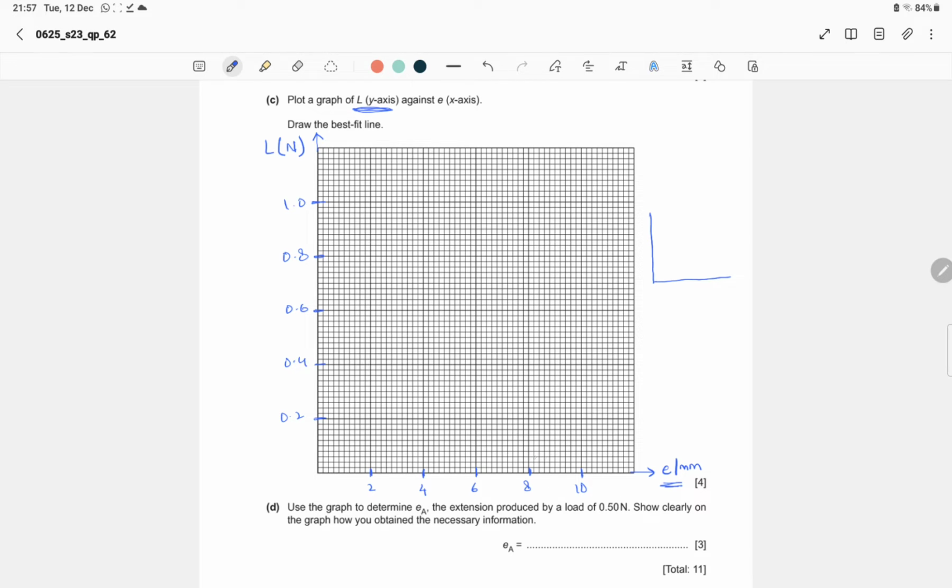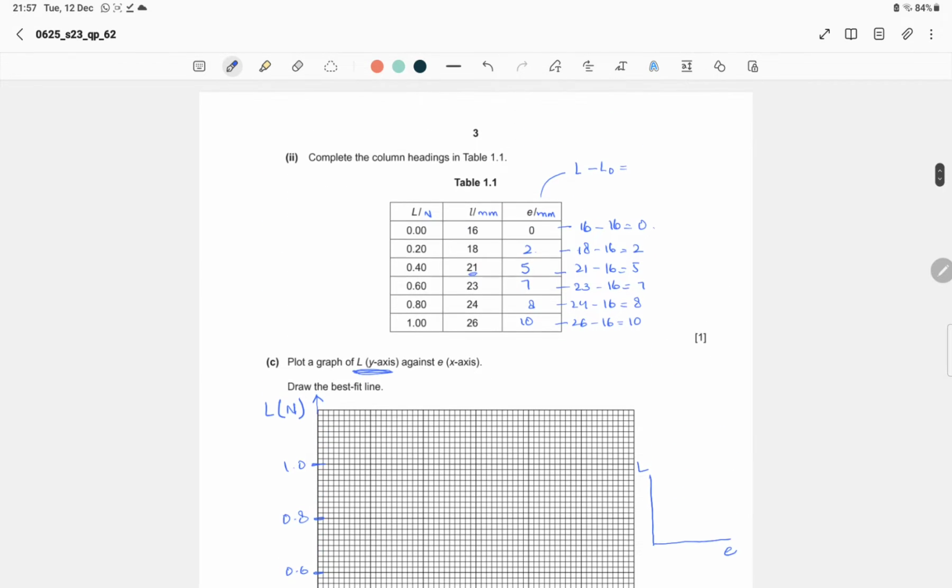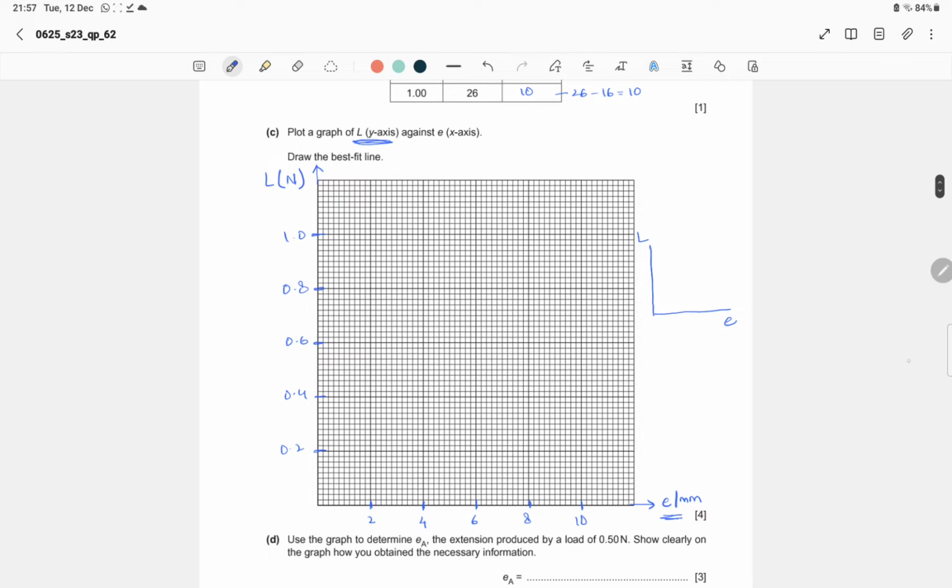So I have labeled this, and if you plot the graph, it would be like this. This is your load, this is your extension. These values will be taken from the table above.